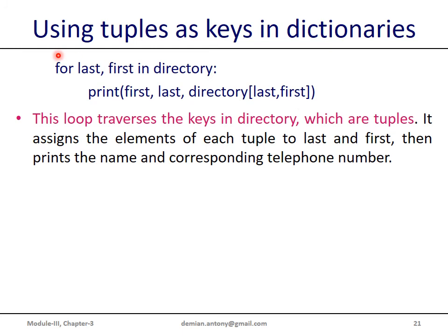We use a tuple assignment, a set of tuple variables as for iteration variables, and we fetch the value at that particular composite key, which is constituted with the 2 elements, last and first.